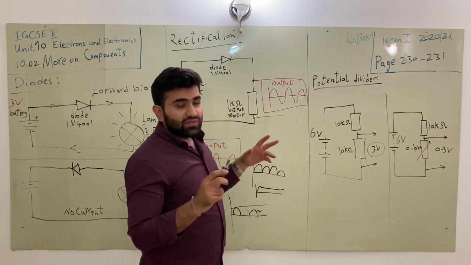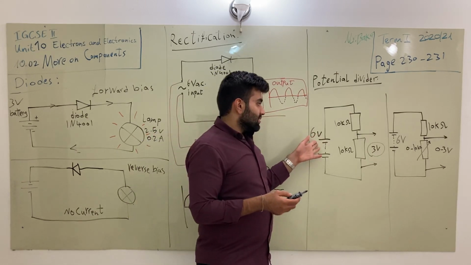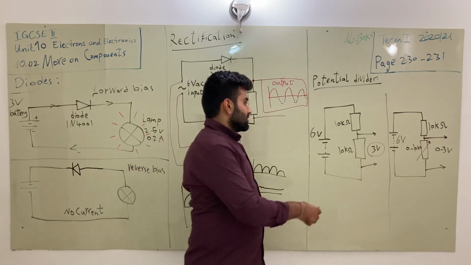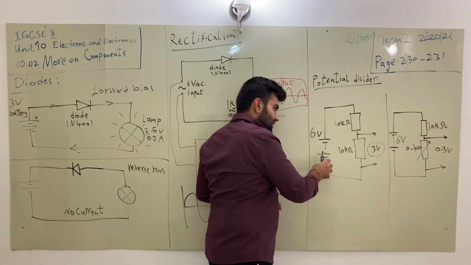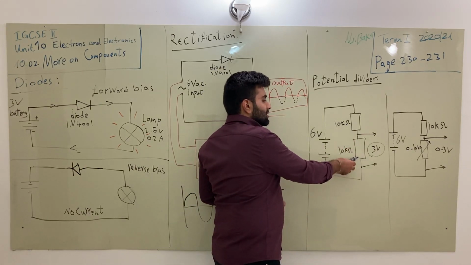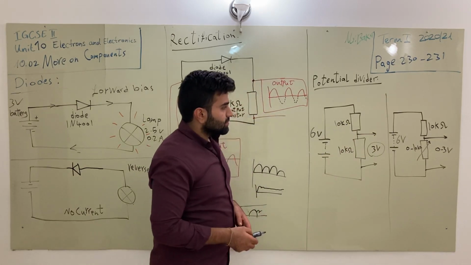So when I need to divide the voltage, I can use these two resistors. In series, the current is the same in the whole circuit, and the voltage will be different.